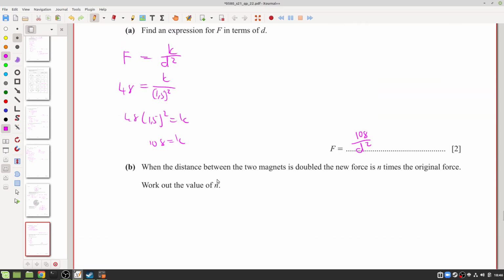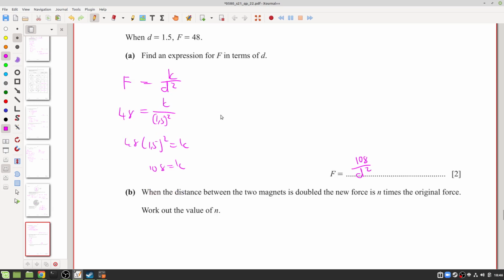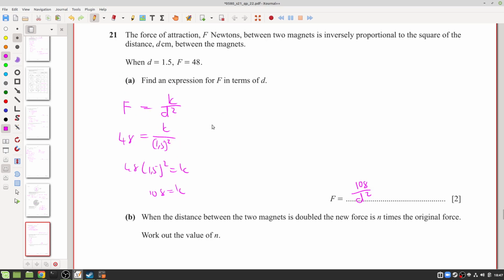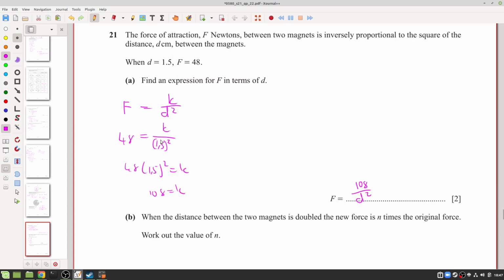Okay. So when the distance is doubled, the new force is n times the original force. So probably the easiest is just to use the formula they already gave us, right? Even easier is just to know the answer from how squares work for inverse proportion, but we can just do it by doubling the distance.